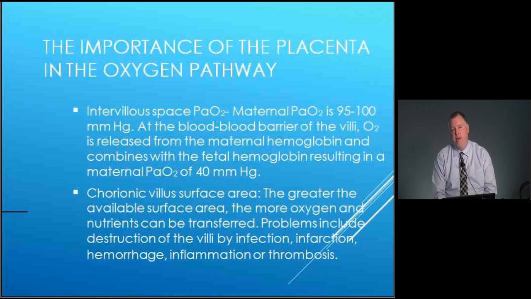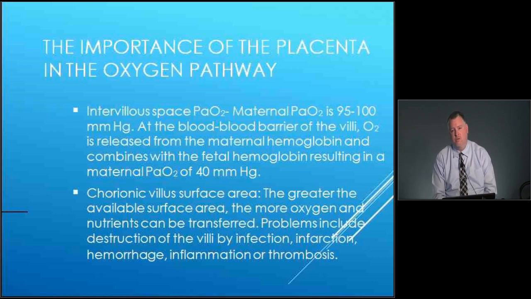At the blood-blood barrier in those chorionic villi, oxygen is released from the maternal hemoglobin and combines with fetal hemoglobin, which results in a maternal PaO2 of 40 millimeters of mercury. That large decrease in PaO2 is because so much of that oxygen has been released from the maternal hemoglobin over to the fetus.